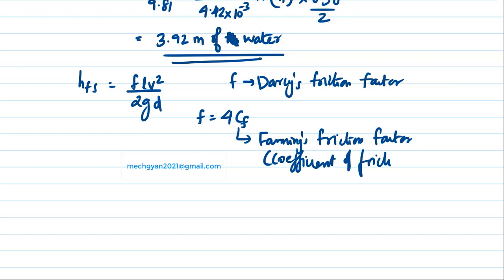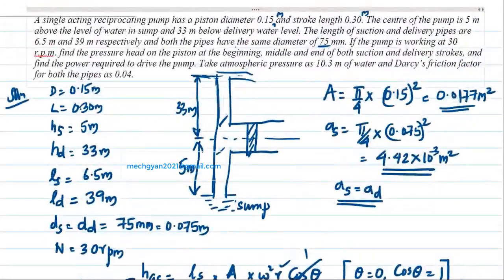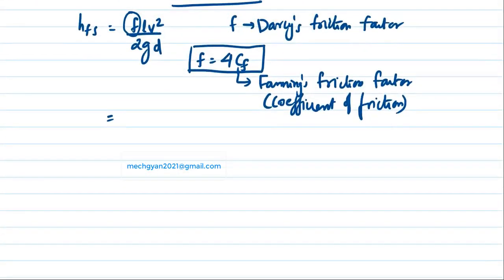You must have done this in the HM lab. That is how 4FL V square by 2GD is given. So if Darcy's friction factor is given, you have to substitute it as 4 times CF. If the Fanning friction factor is given, you write 4 into Fanning friction factor into LV square by 2GD. Here we are given Darcy's friction factor, which is 0.04.